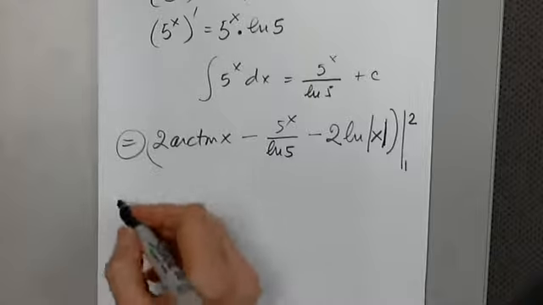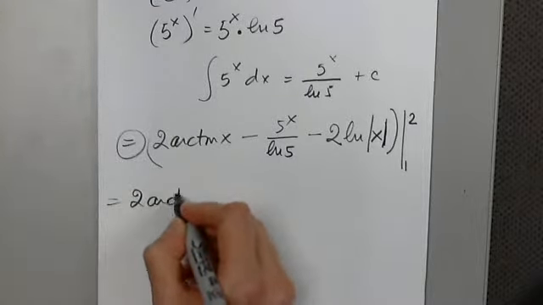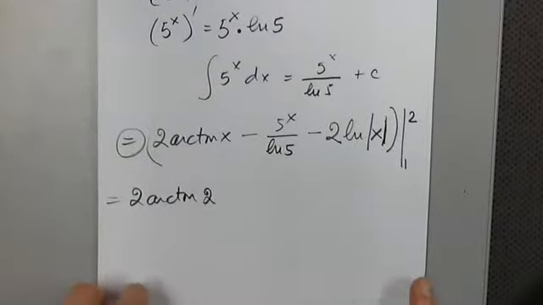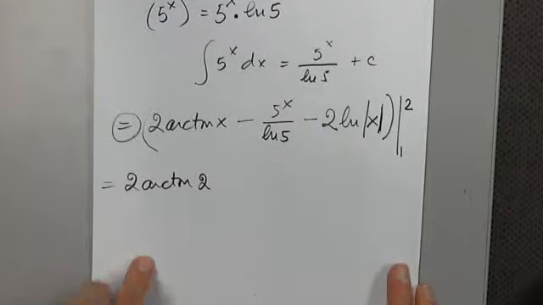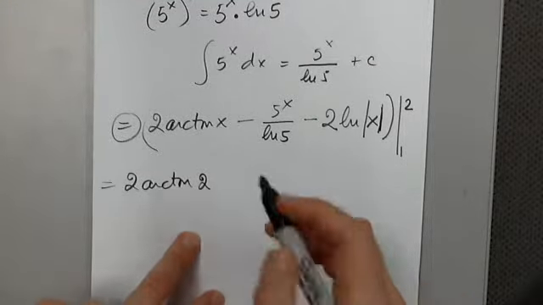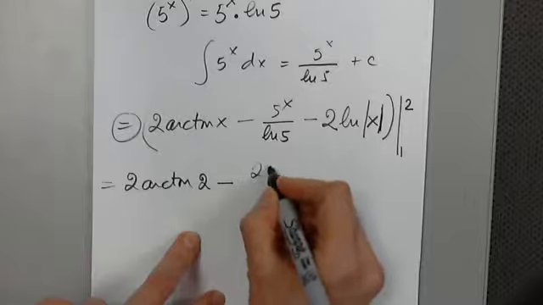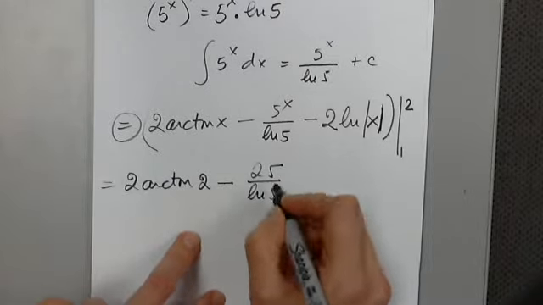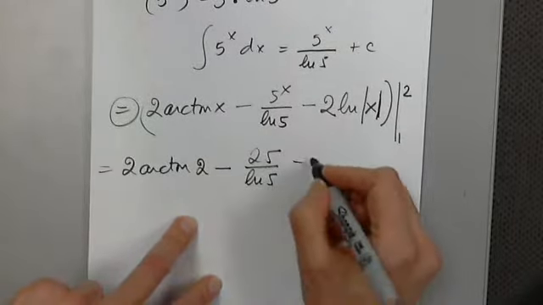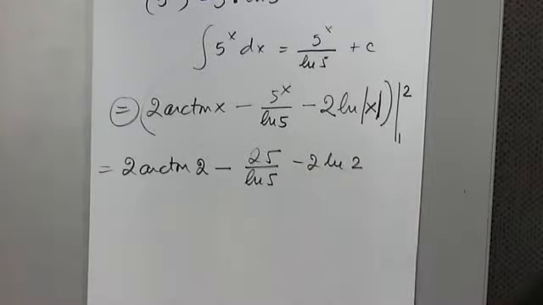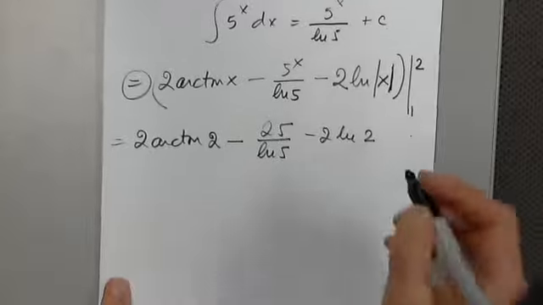So then I plug in 2. 2 arctangent 2. I have no idea what that is. I'm going to leave it as is. Minus 5 squared, which is 25 over natural log 5. Minus 2 natural log 2. So this is the result when I plug in 2, the upper limit, minus.